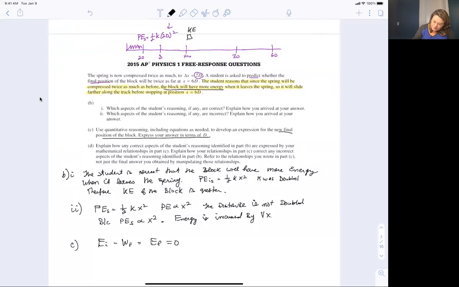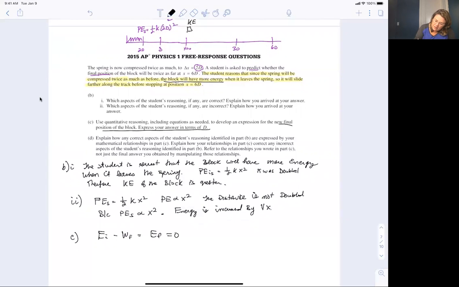Okay. So what do I have? So again, energy initial minus work done by friction equals 0. Well, what do I have for energy initial? Potential energy of a spring initial minus the work done by friction equals 0.